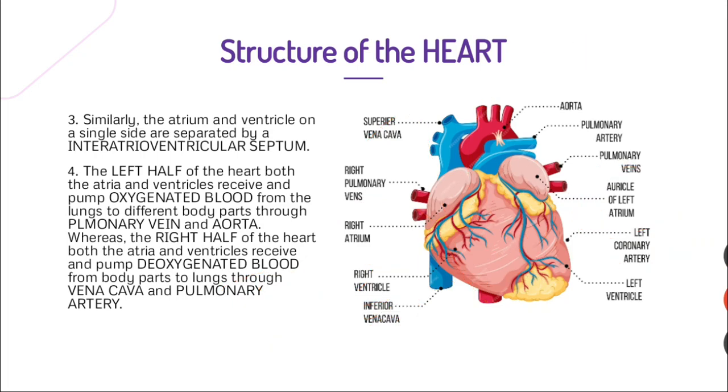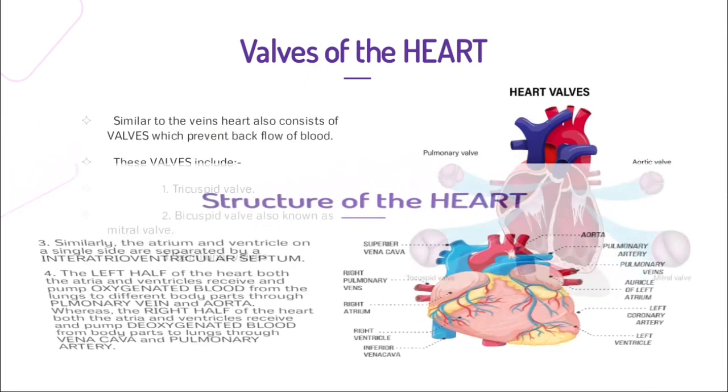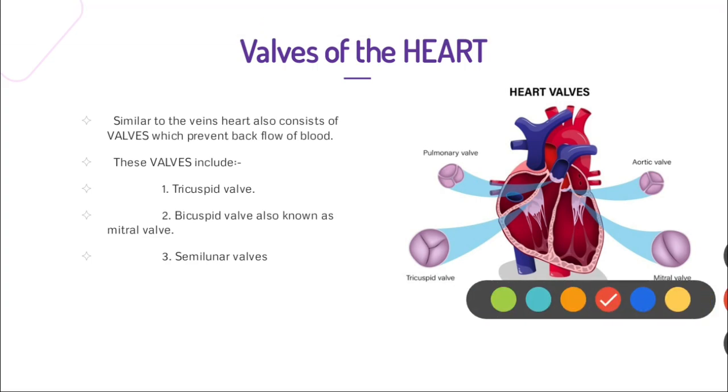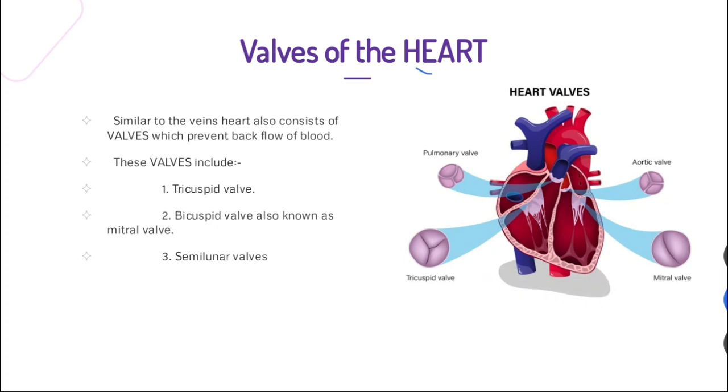That is the thing. Moving on further, valves of the heart. As you all have seen in the veins, we have valves. In a similar way, in the heart also we have valves. In the heart we see three different kinds of valves. What are they? Tricuspid valve, bicuspid valve, and semilunar valves.